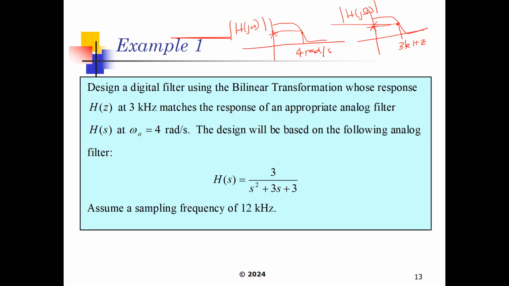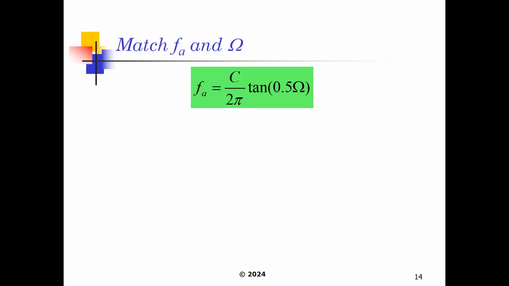So this is the frequency response of HS on this side and HZ on the right, supposed to be equal. That is how it is. So step one, we understand what the problem is.